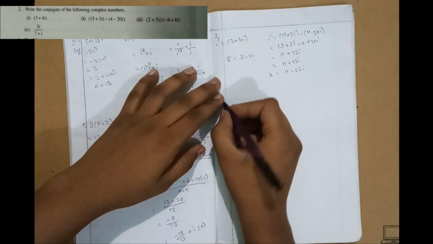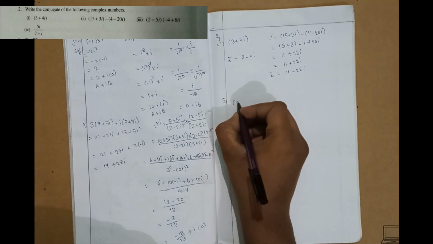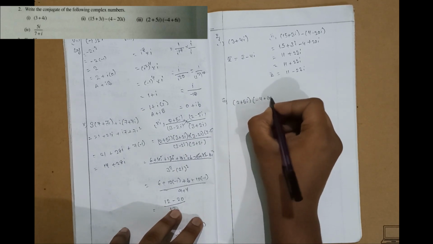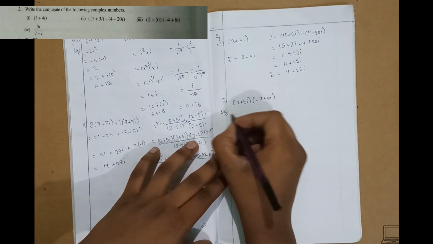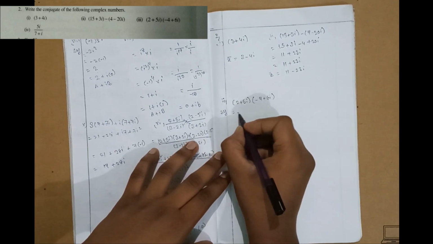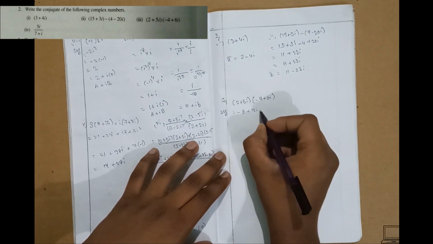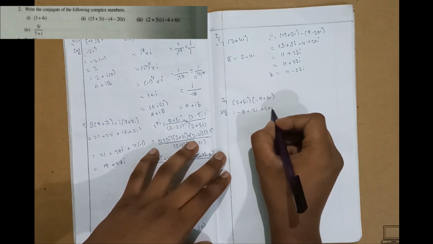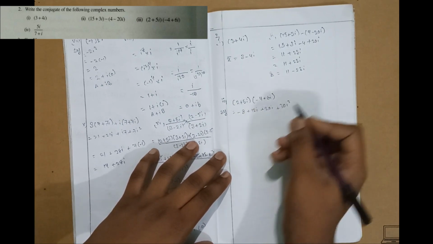Okay, now third one: 2 plus 5i minus 4 plus 6i. We need to first do multiplication and then find the conjugate. So 2 into minus 4 is minus 8, 2 into 6 equal to plus 12i, plus into minus is minus, 5 fours are 20i, plus into plus is plus, 6 fives are 30i square.